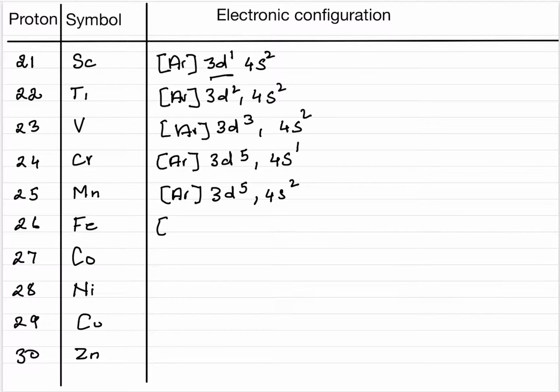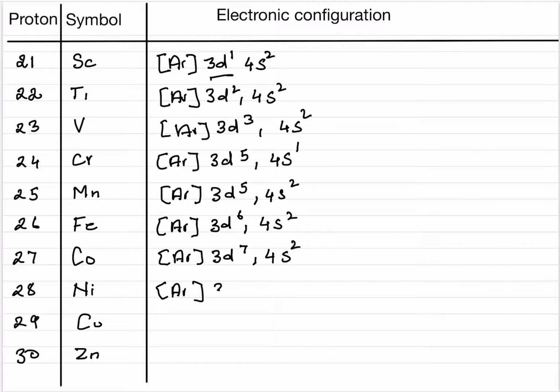So let's put argon in the bracket, then 3d6 and 4s2. Let's move on to cobalt. Argon, then 3d7 and 4s2. Let's move on to nickel. Nickel is 28. So argon 3d8 and 4s2. Then we move on to copper.